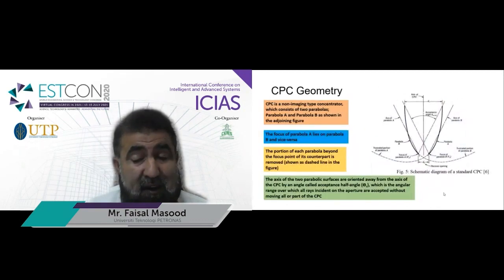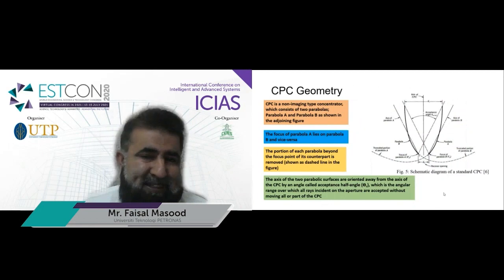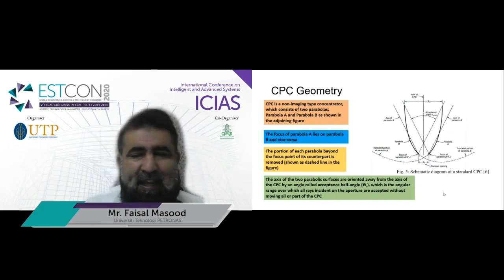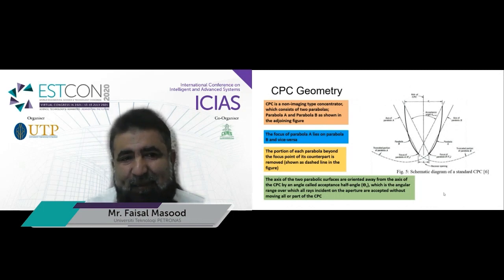Now let's talk about the geometry of the CPC. CPC belongs to a family of concentrators which we call non-imaging type concentrators. Since it is called a compound parabolic concentrator, it consists of two parabolic sections, parabola A and parabola B, as shown in figure 5, the schematic diagram of a standard 2D CPC.